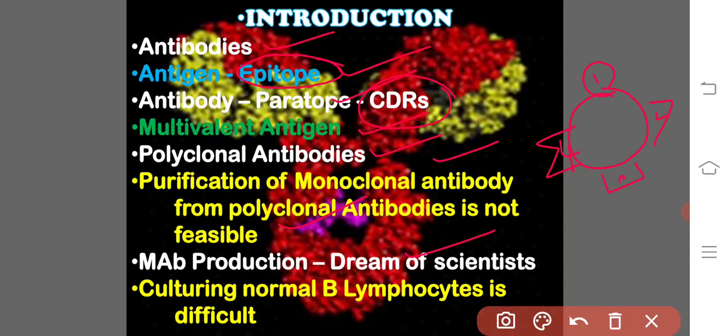B lymphocytes were isolated and cultured in vitro to produce monoclonal antibodies. This approach was not successful since culturing of normal B lymphocytes is difficult and synthesis of monoclonal antibodies was short-lived and very limited.